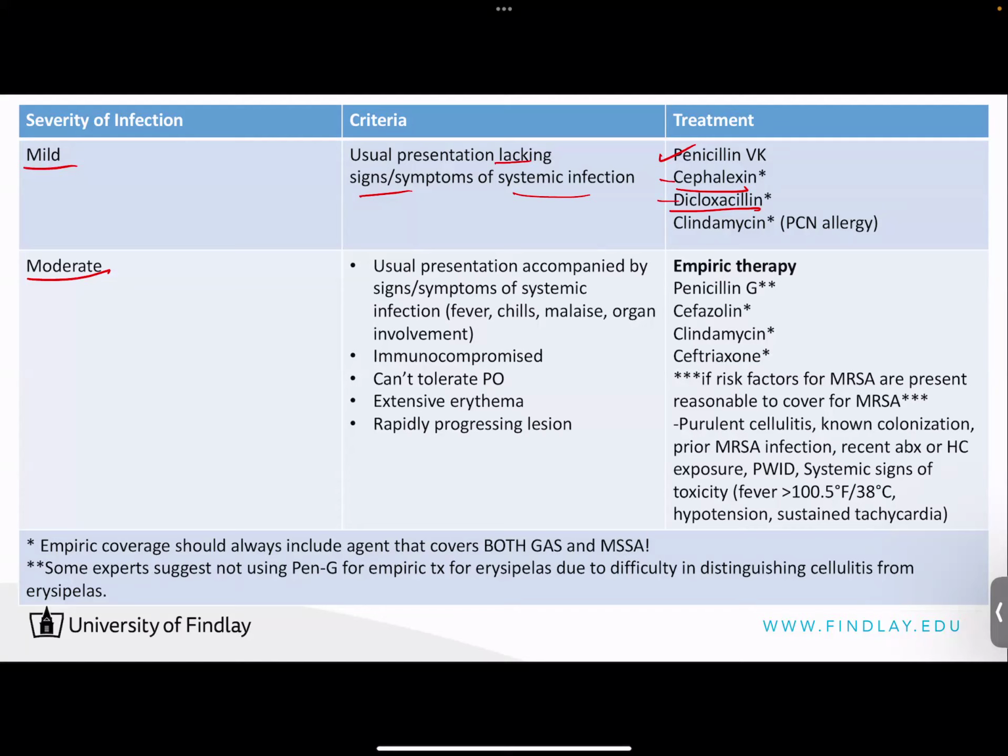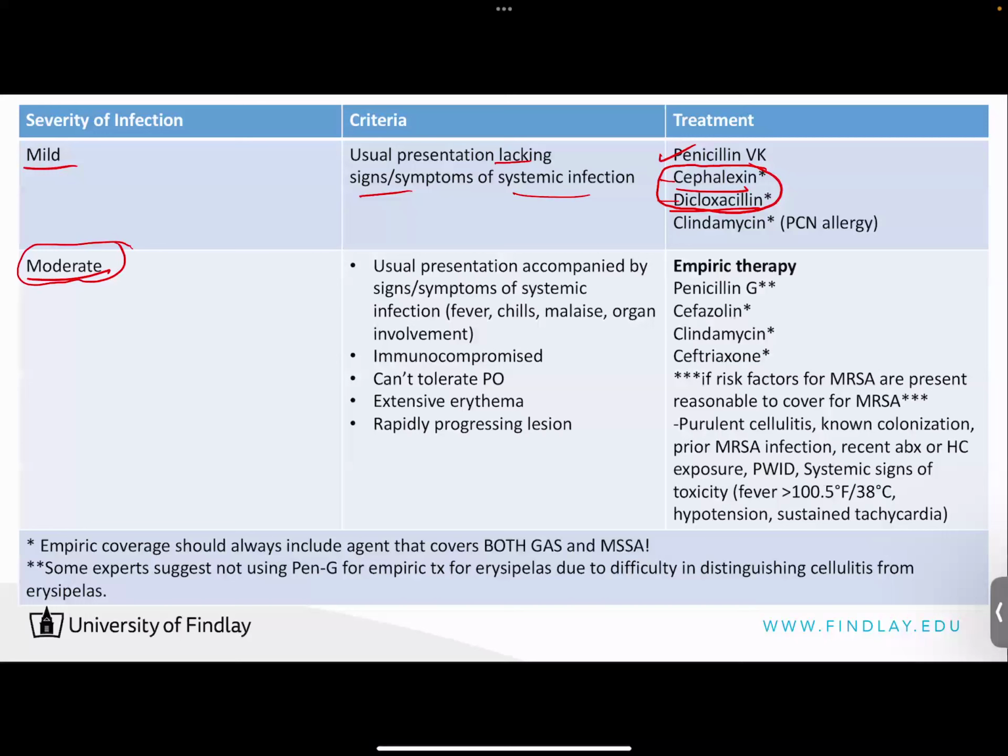What are most going to use if they're going to prescribe PO? Probably one of those. And why is that? Well, I'm pretty sure it's strep, but there's a chance it could be MSSA, and if it is, I can kill that too with the cephalexin or the dicloxacillin or the cefadroxil.